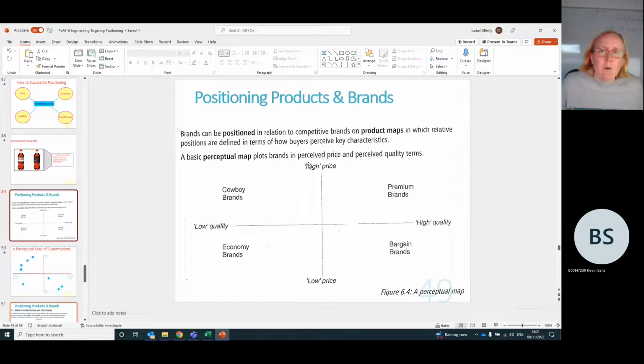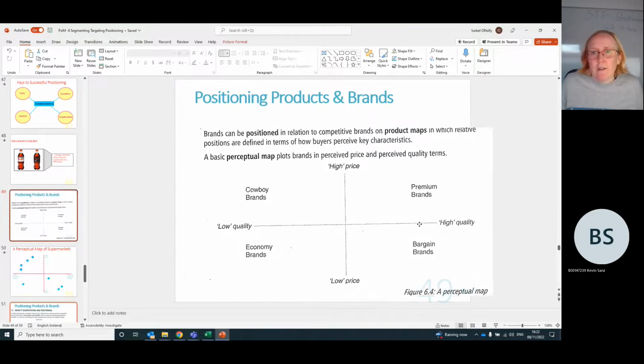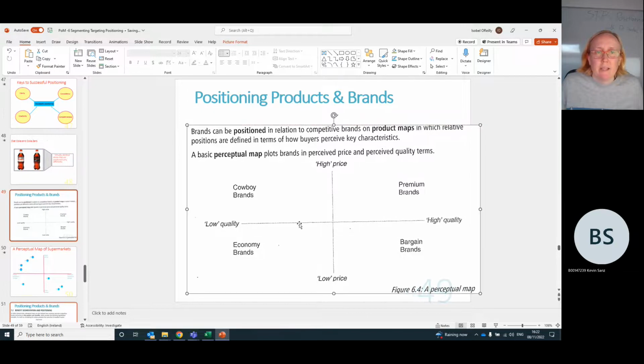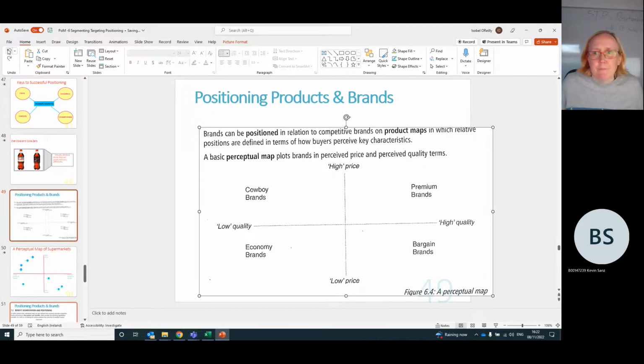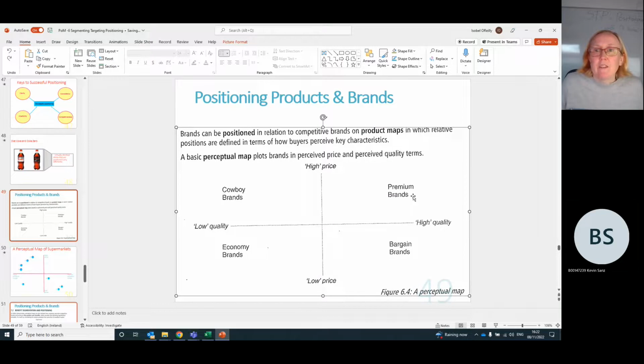And so high price products, anything that's going to be above the line here, and high quality here, would be considered premium brands. High price, high quality. That's fairly acceptable. People are happy to pay more when they get more quality.